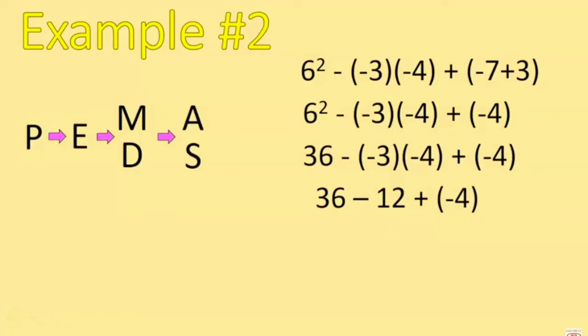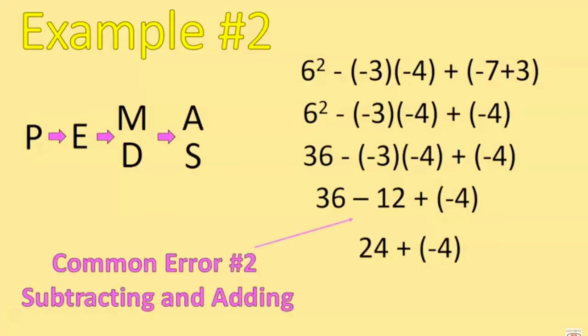plus -4. This is the step I wanted to point out when we were talking about the order that you do addition, subtraction, or multiplication, division. Because this is probably the most common error that people make, is that we would do the subtraction first. And again, this is the most common error that I've ever seen with order of operations, because people memorize it in a linear way.